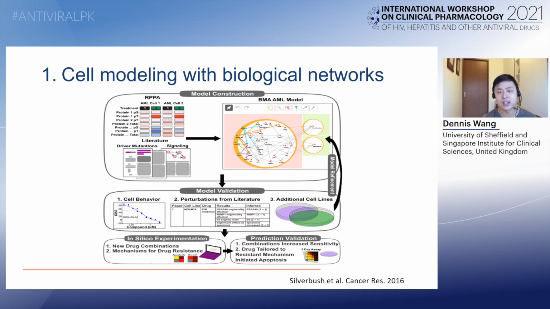In this case, it's the acute myeloid leukemia cell. Right? And if we can use the data to determine this signaling network and parameterize it, we can use the model and simulate outcomes. And the two main outcomes we're looking at are proliferation and apoptosis, so whether the cell grows or dies.